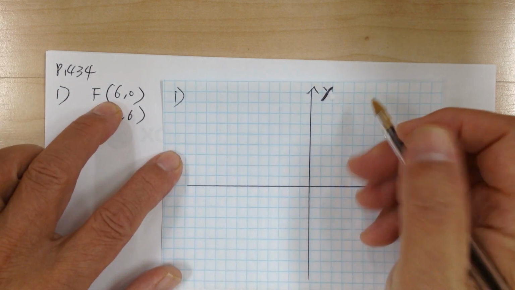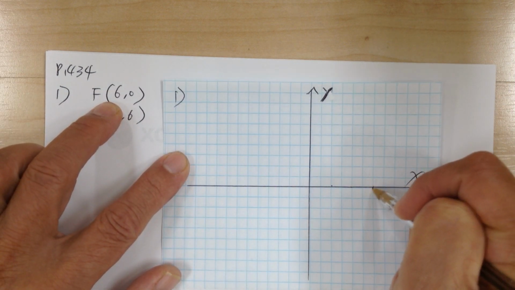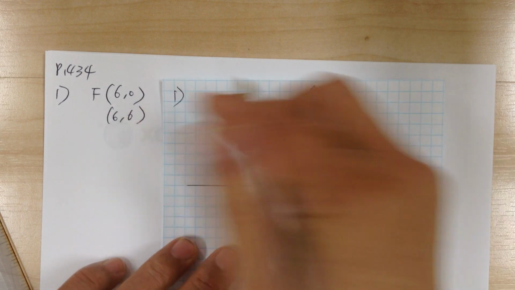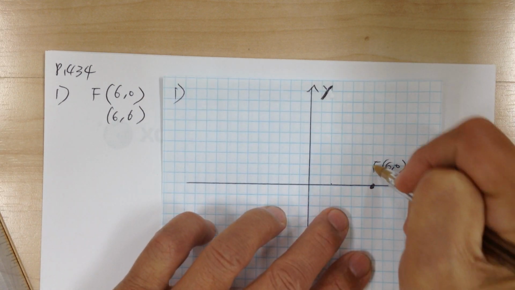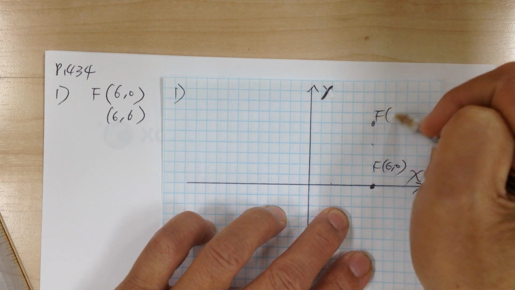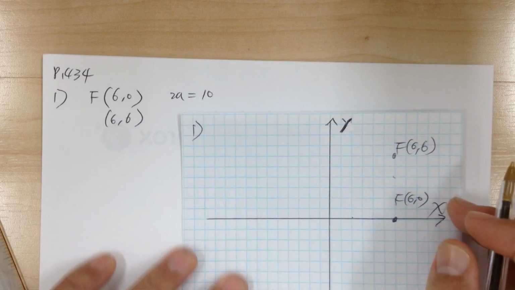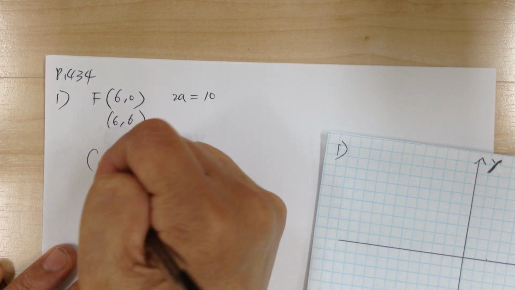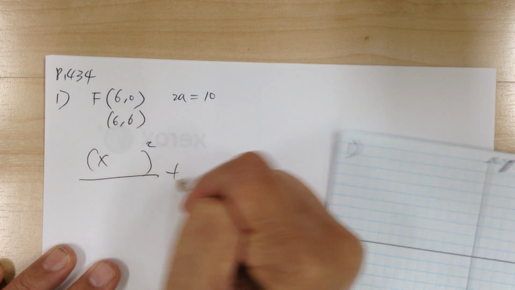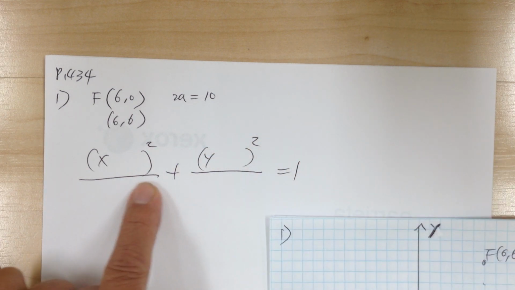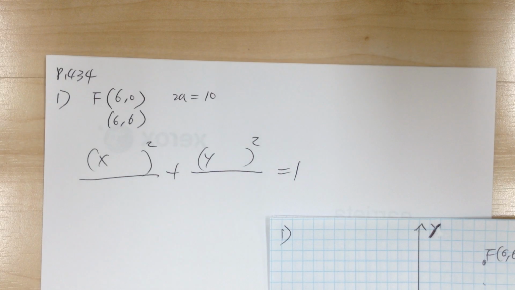So this is going to be (6, 0) and (6, 6). Again, it tells the ellipse, so right away the ellipse is going to have this kind of form. So get your template ready. That's your template for the ellipse.